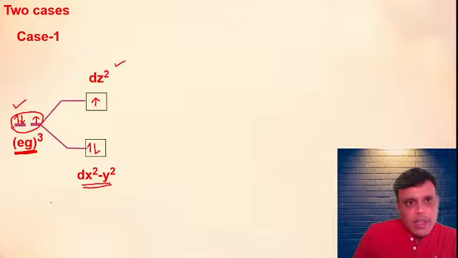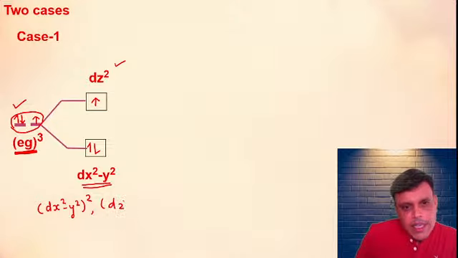That means here the electronic configuration will become dx square minus y square 2 and dz square 1. This is the electronic configuration.